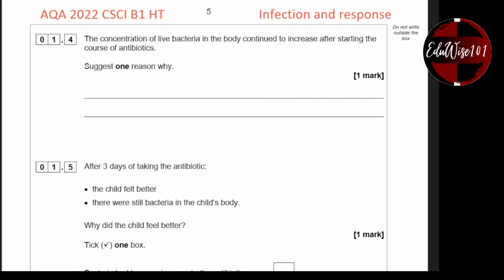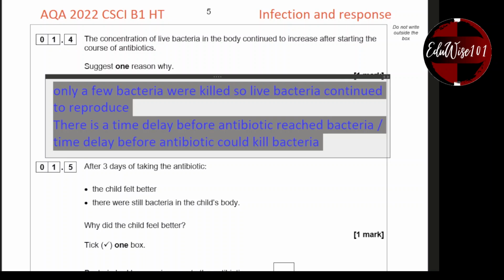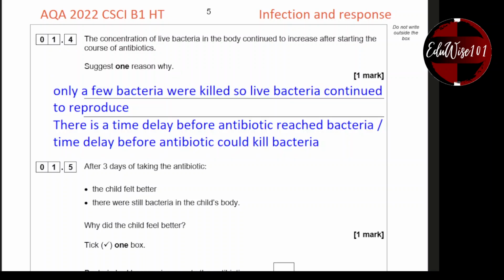And at the start, only a few of the bacteria would have actually been killed off, so there is still some reproducing. So either of these 2 arguments is fine. Only a few bacteria were killed, so live bacteria continue to reproduce. Or you could say there's a time delay before the antibiotic reached the bacteria, or before the antibiotic could kill the bacteria.